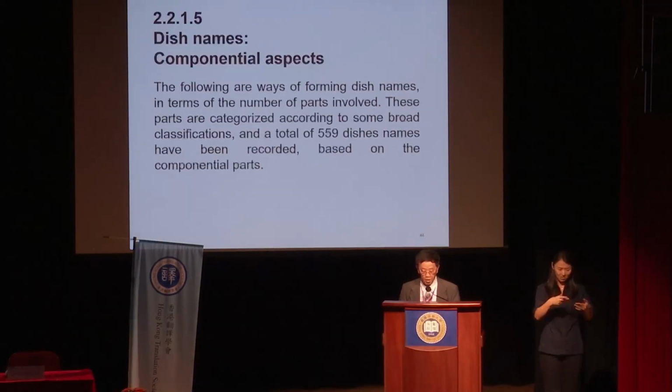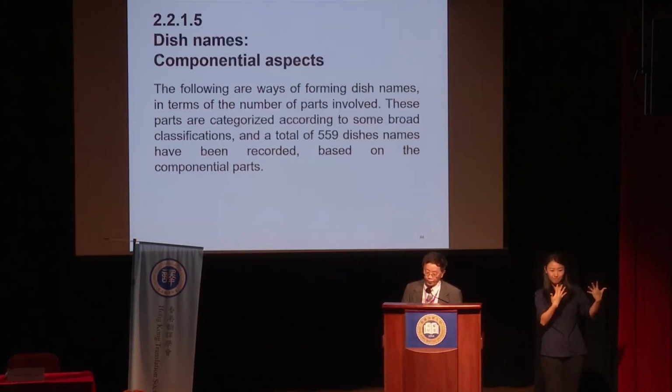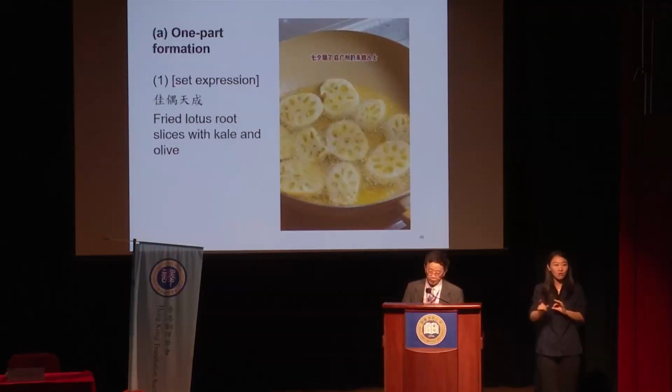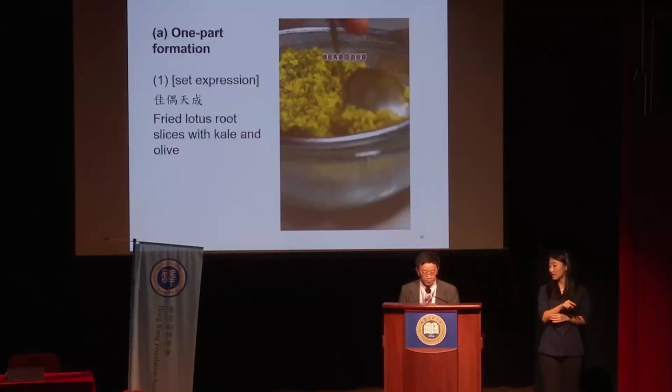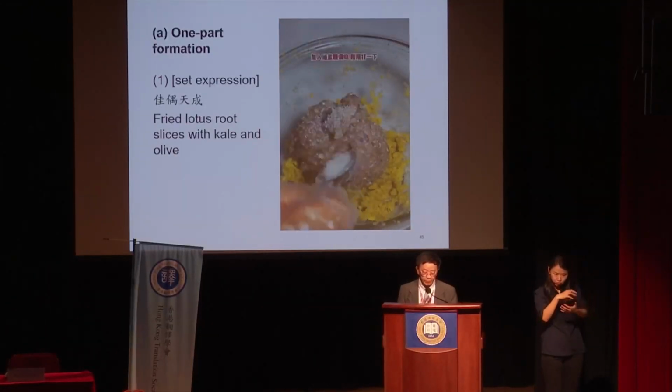componential aspects. Actually, when you look at the components of a dish, we can come up with 559 dish names that have to do with components. First is what we call one-part component. That is, it's simply one part. Also, it has to do with idioms, set expressions.